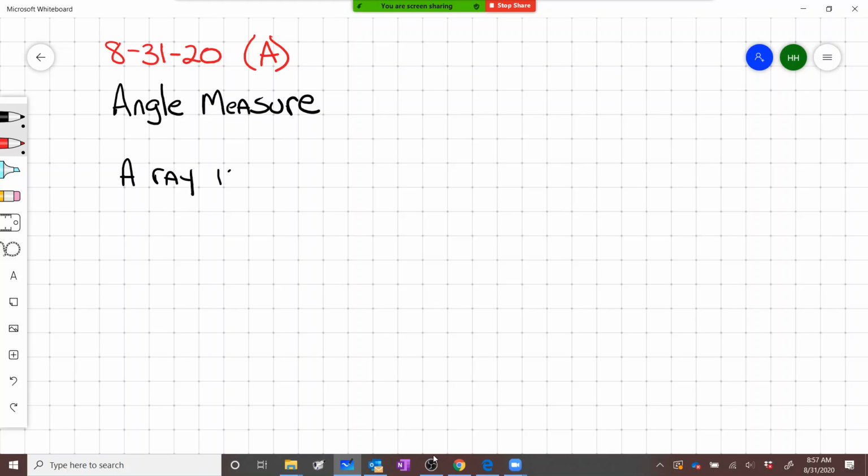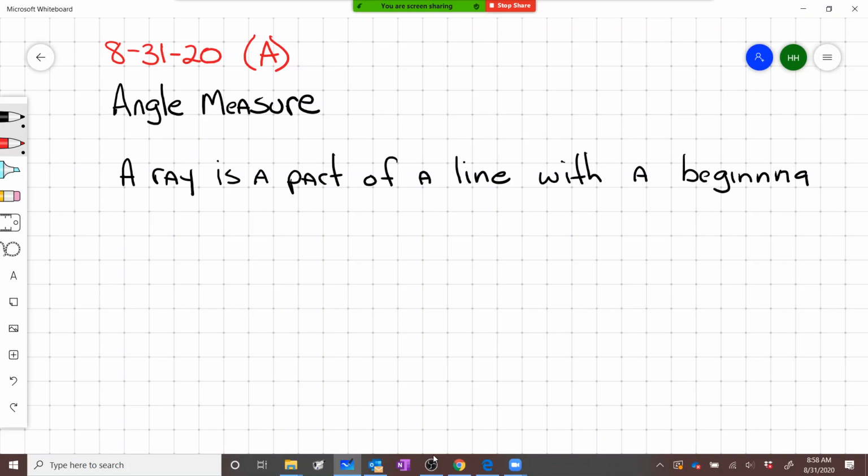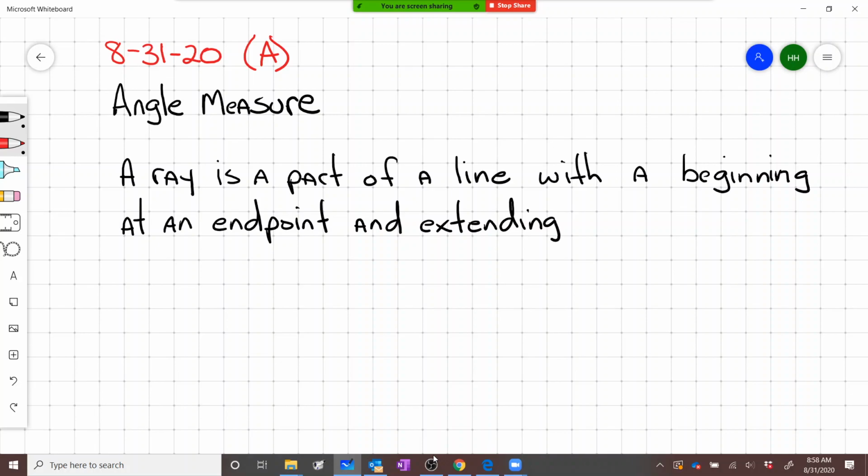A ray is a part of a line with a beginning at an endpoint and extending forever in the other direction.